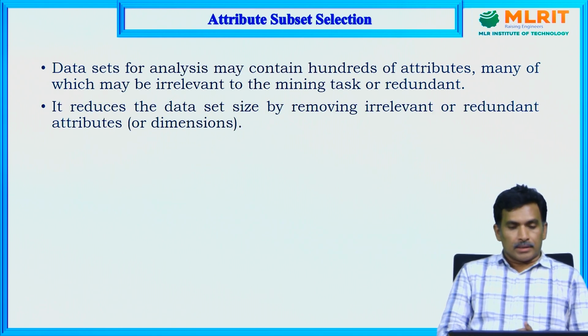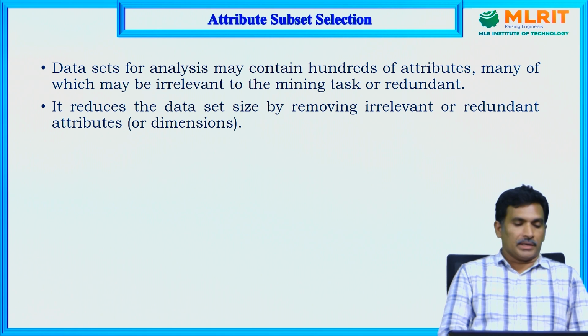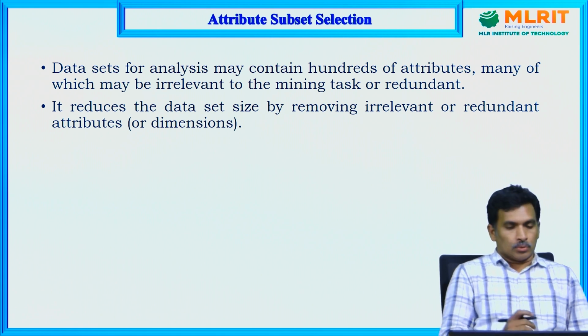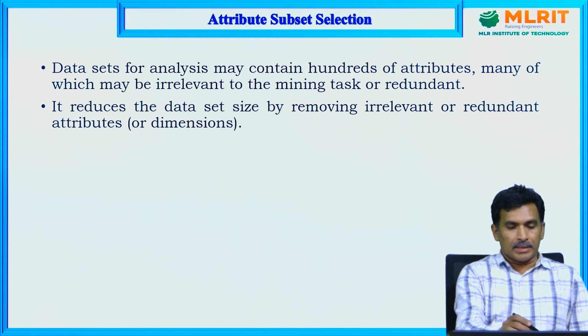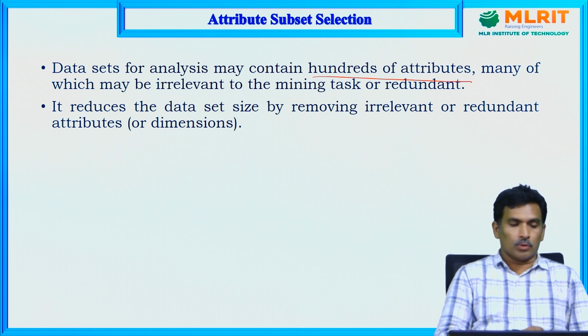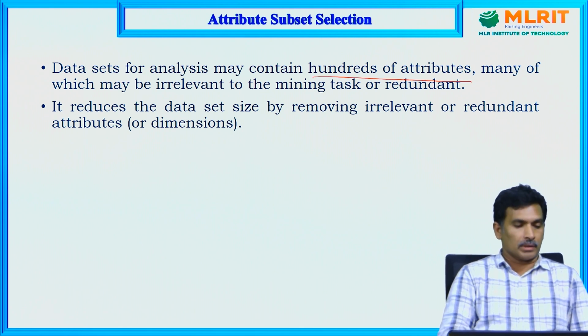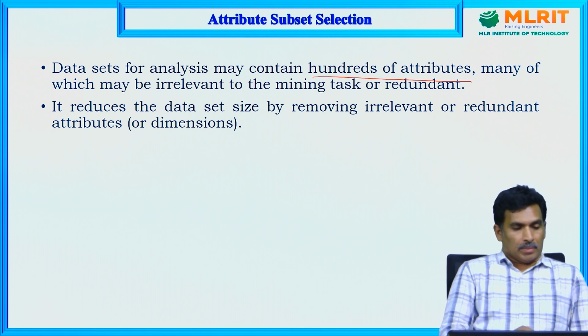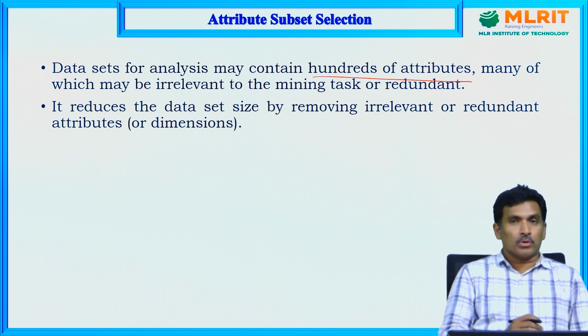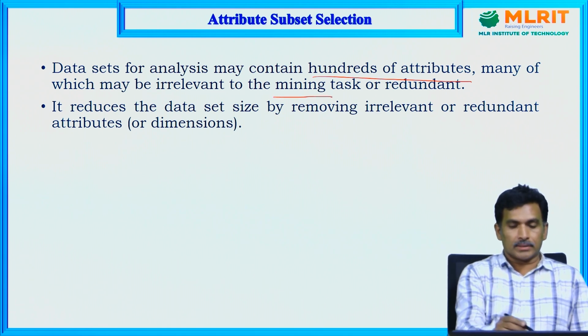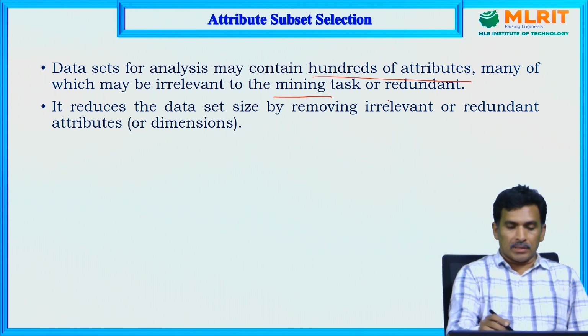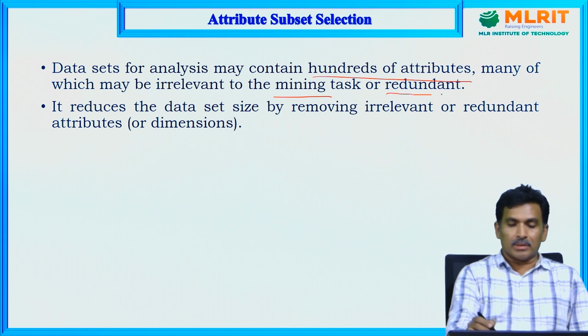As we already discussed in the previous lectures about the dimensionality of data sets, data sets may contain hundreds of attributes in the real world. Many of those attributes may not be relevant to the mining task, or many of the attributes may be redundant.